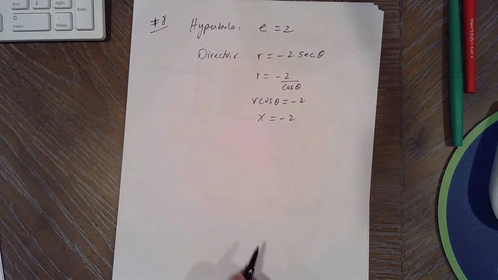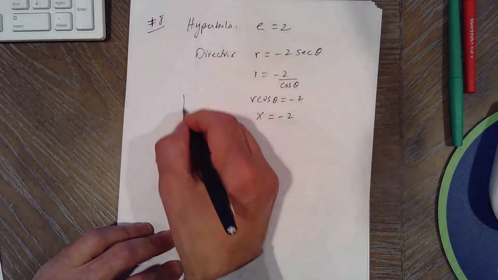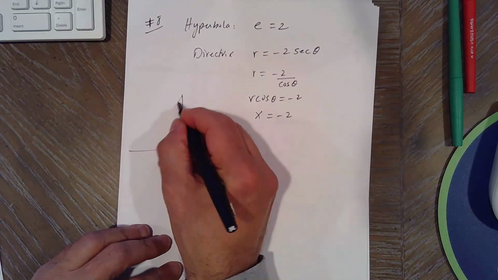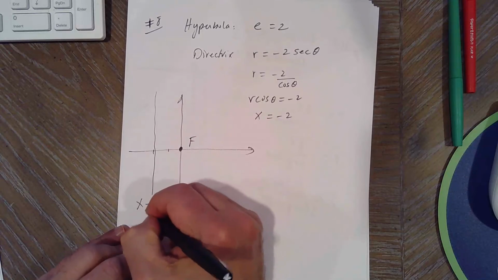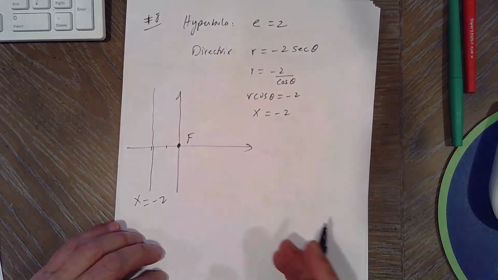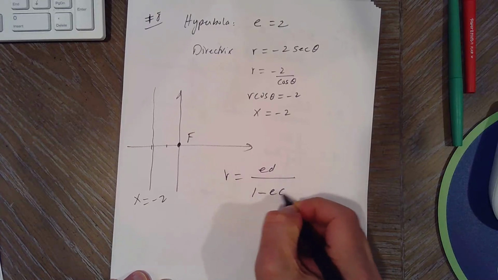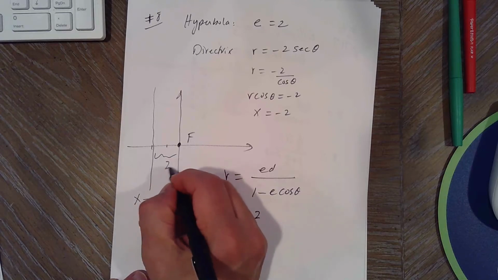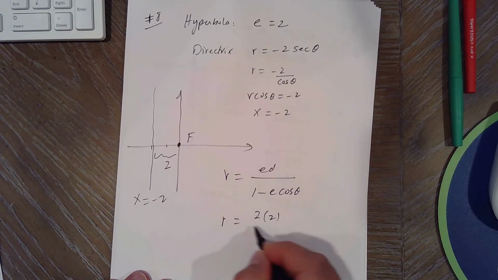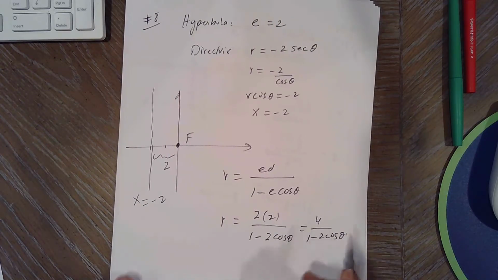And e is 2. So the focus is right here. Directrix is x equals -2. So the directrix is to the left of the focus, so it's r equals ed over 1 minus e cosine theta. e being 2, d being 2, it's positive, it's absolute value. It's 4 over 1 minus 2 cosine theta.